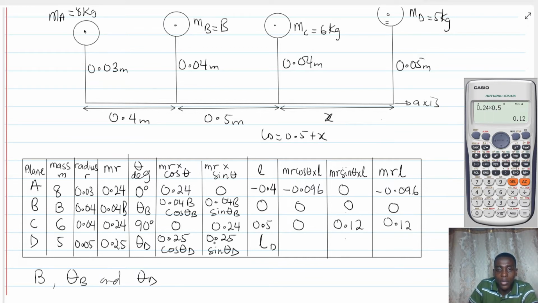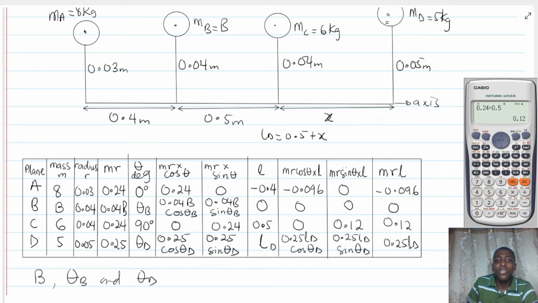MR cos theta times L, this one I don't know, so it's going to be 0.25 LD cosine theta D. Similarly, MR sin theta is going to be 0.25 LD sin theta D. And then MRL is going to be 0.25 LD. Good. So the table we have right now is complete.